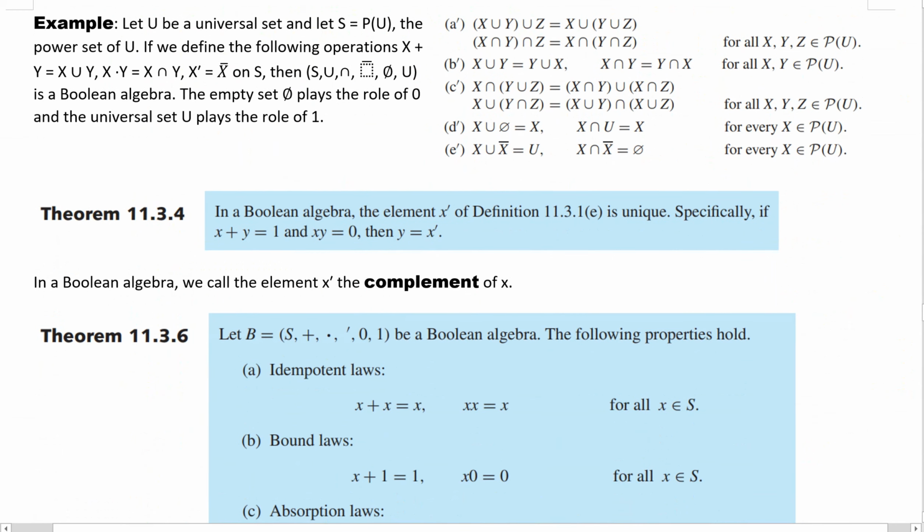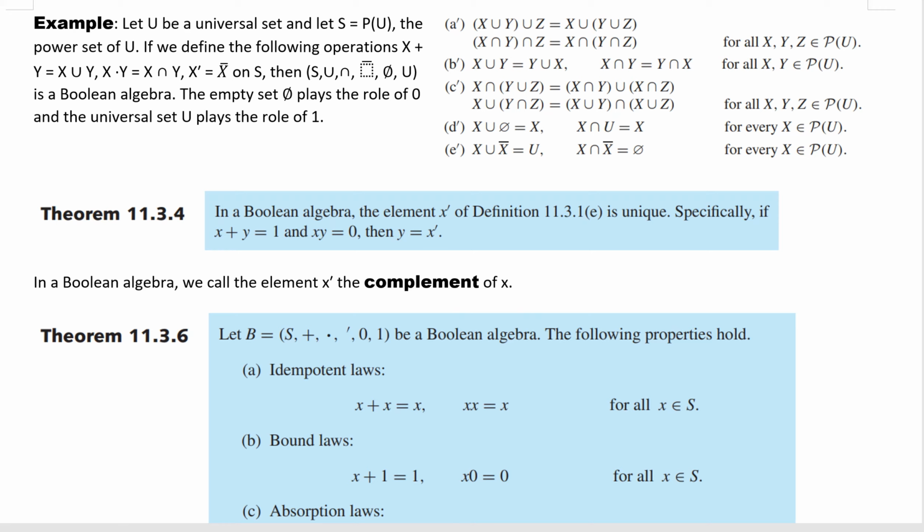Okay, so example. Let U be a universal set and let S be the power set of U. We define the following operators. Plus is the union, multiplication is the intersection, and prime is the complement, so these are set operations. And this set operation structure is actually a Boolean algebra.